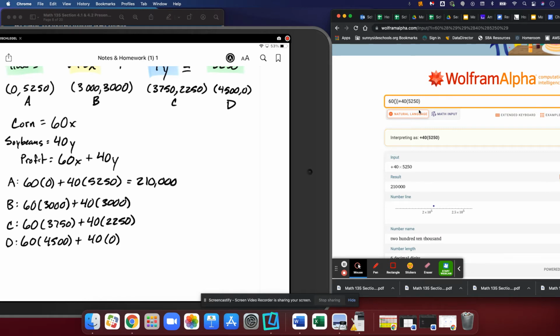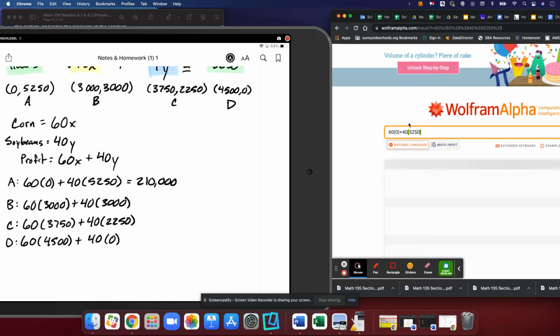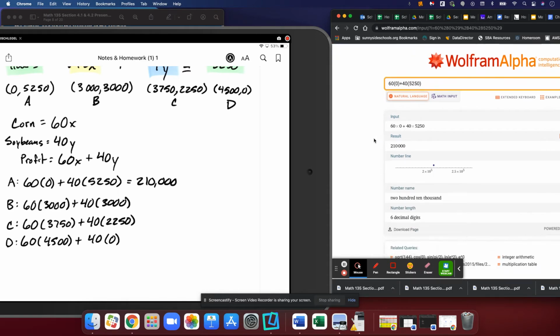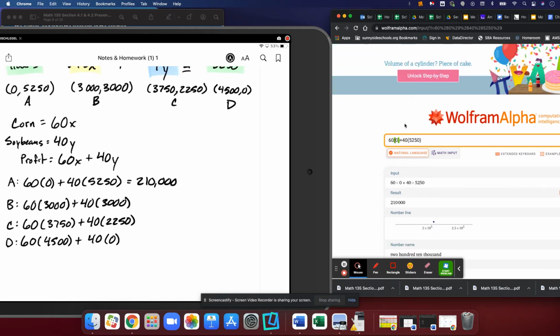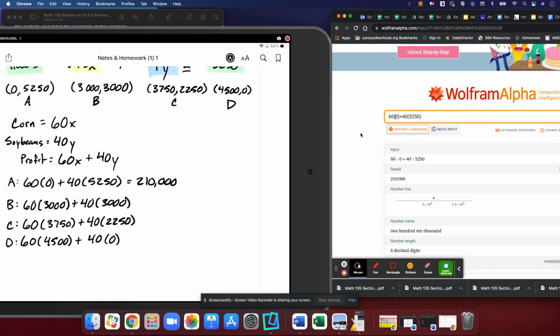That sounds pretty good. Let's check some others. Well, I think I made a typo. Let me make sure that that's actually, yep, $210,000. Okay. So next we have the option to plant half and half, 3,000 acres of each.